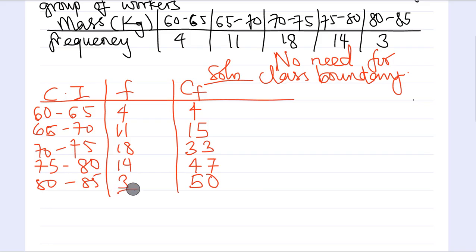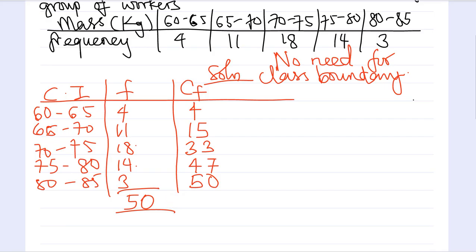I told you that it must be the same as the total here. So let's confirm. 4 plus 11 is 15, 15 plus 18 is 33, 33 plus 14 is 47, 47 plus 3 is 50. Here and here are the same, that means I'm correct.